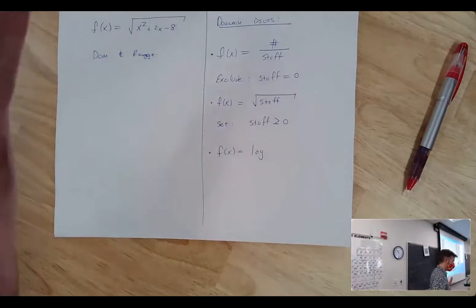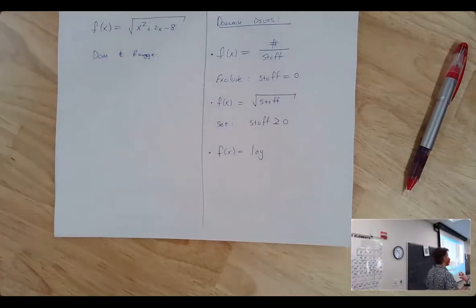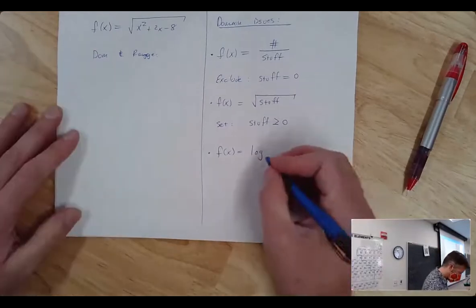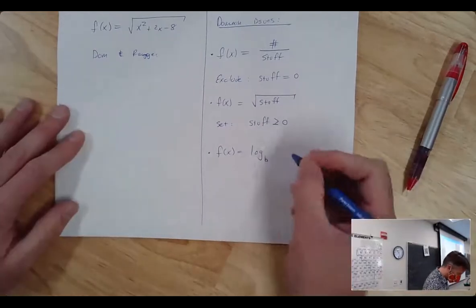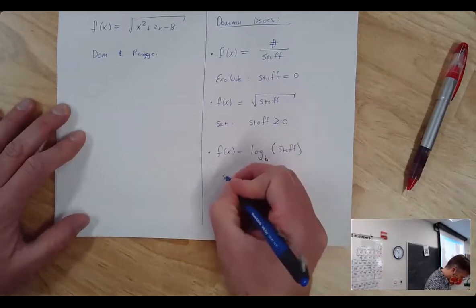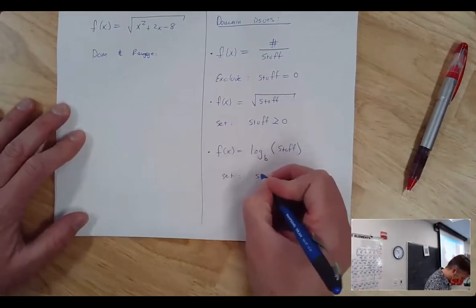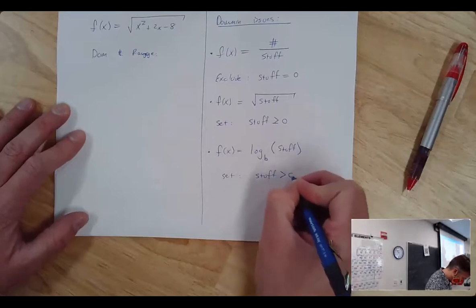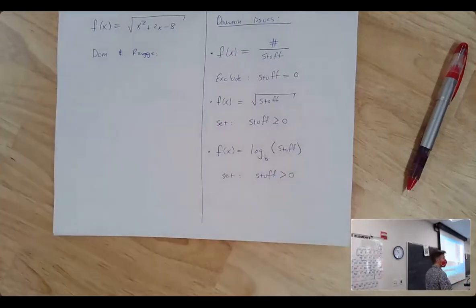It's just weird. It's not incorrect. It's just abnormal for logarithms. So like log base b of some stuff, we want to start by setting that stuff to be strictly greater than 0. And these are the 3 domain things you should remember, if you're asking yourself, what's the domain of a function?